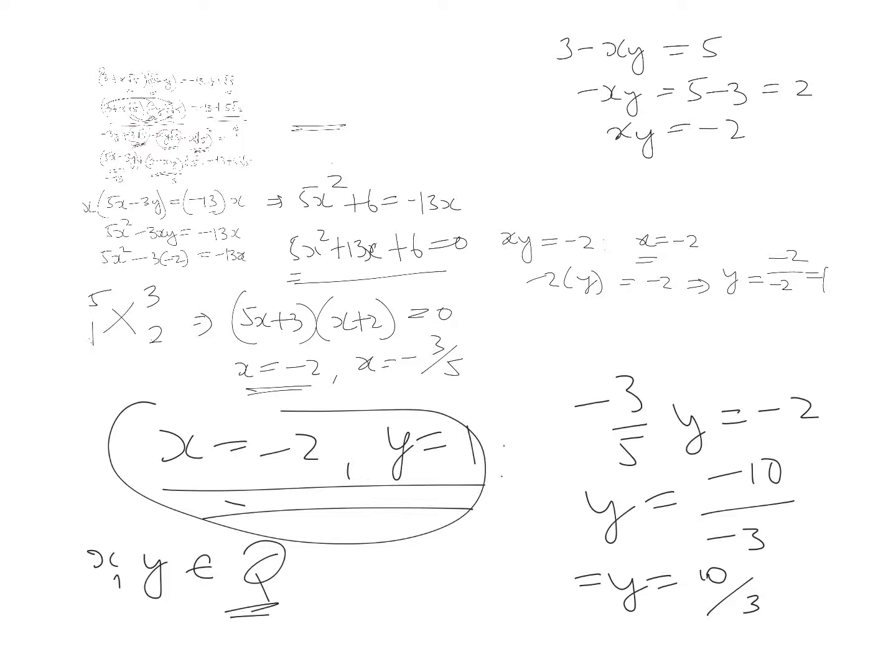Anyway, if both of them were possible, then that would be the answer that you can use. All right? Okay. Here we go. So yes, I think Q represents a set of all rational numbers. So the question is, if 10 over 3 is not a rational number, then in that case we only use the values of x equal to negative 2, y is equal to 1. Okay? Good.